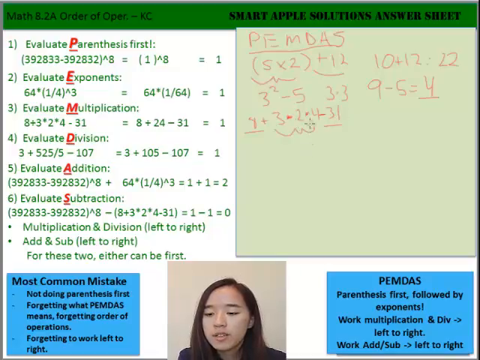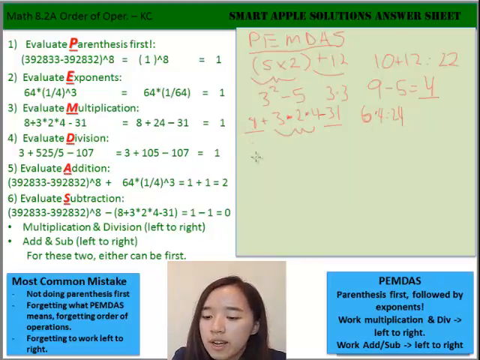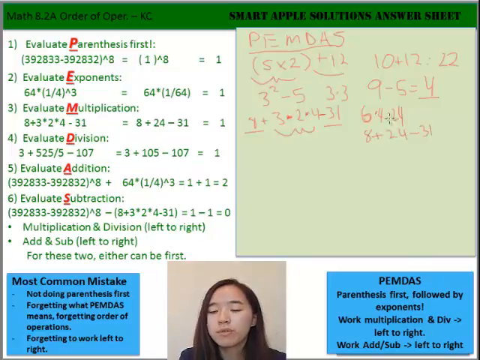So 3 times 2 is 6 times 4 equals 24. So now we can go back and use addition and subtraction. So we have 8 plus 24 minus 31. And we remember that the common rule is to work from left to right.